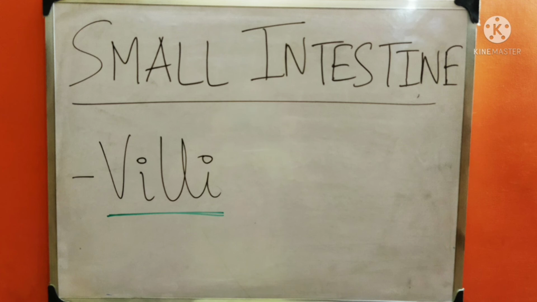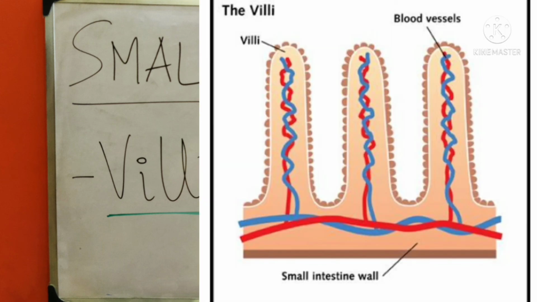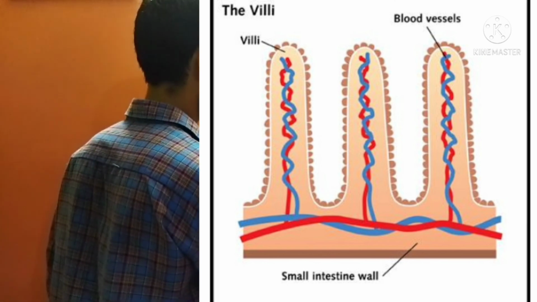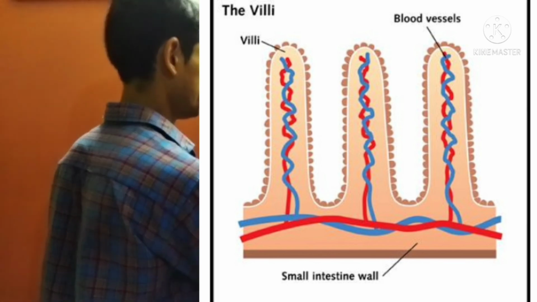What are those numerous finger-like outgrowths called? Villi, in singular, which is known as villus. So these numerous finger-like outgrowths increases the surface area for absorption. Yes, it increases the surface area for absorption, the villi.